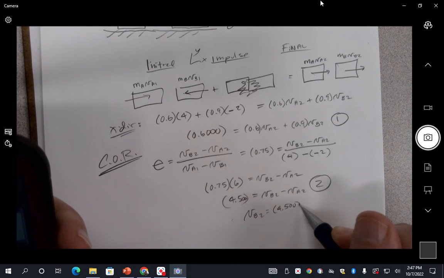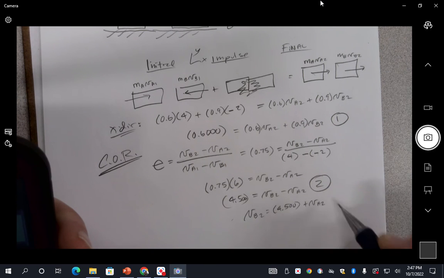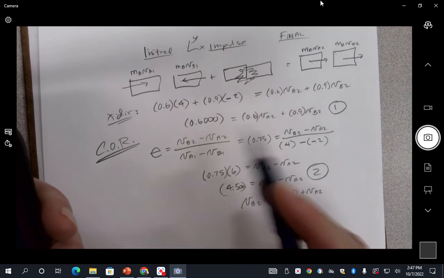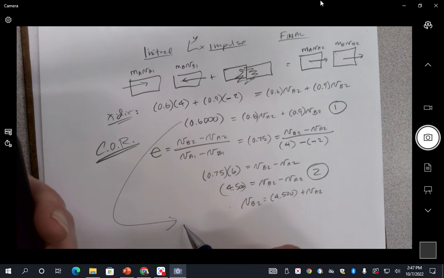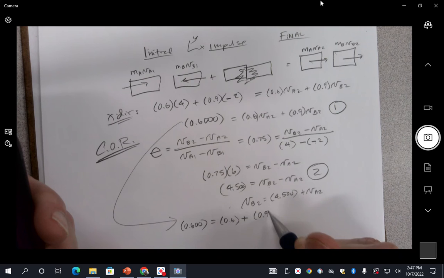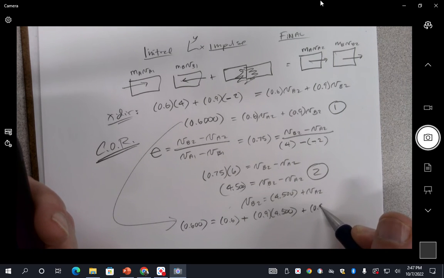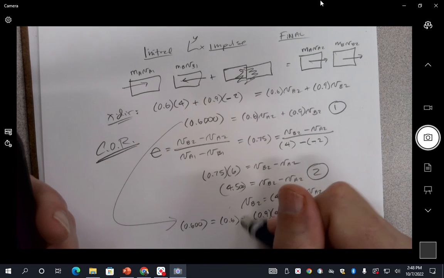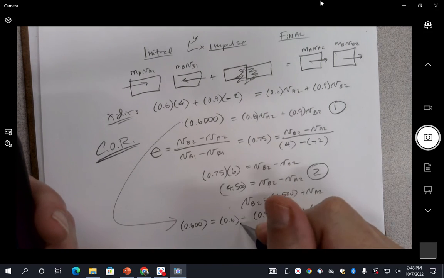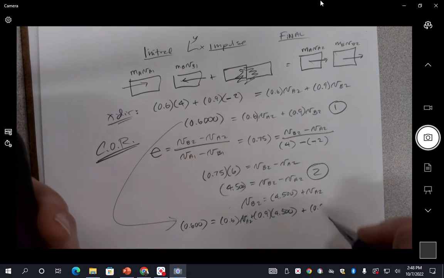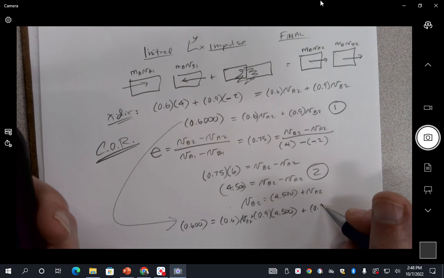I'm terrible at algebra if I skip steps. 0.9 times 4.5 plus VA2. I just skipped a step, I just jumped ahead. Sorry. There you go. Yeah, so that's what I was doing.